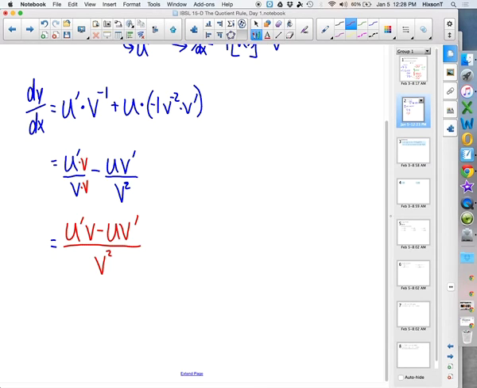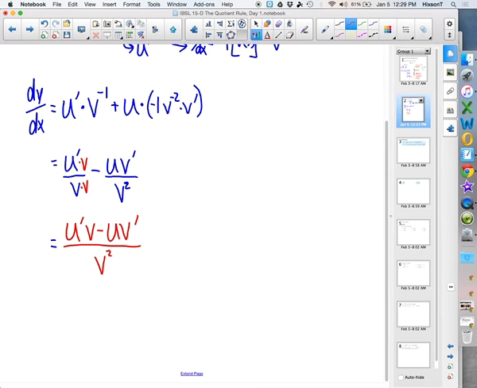So you can see here there's a similarity between the product rule and the quotient rule. In fact, the numerator is almost the product rule. It's just the product rule with subtraction: u prime v minus u v prime.